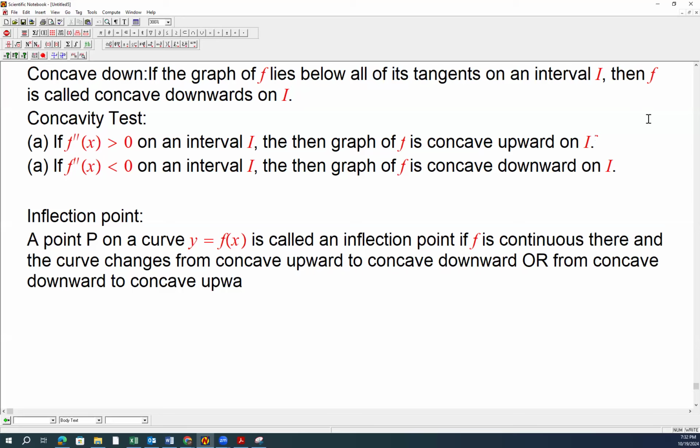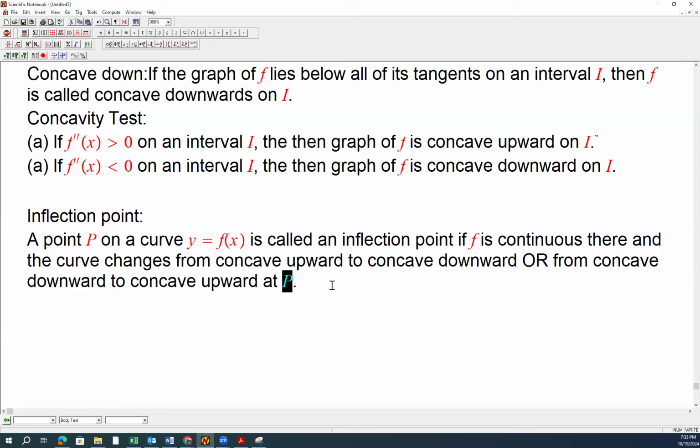So there has to be a change of concavity at this point, at P. This is very important. And then we're going to answer the question: what if the second order derivative is equal to 0?